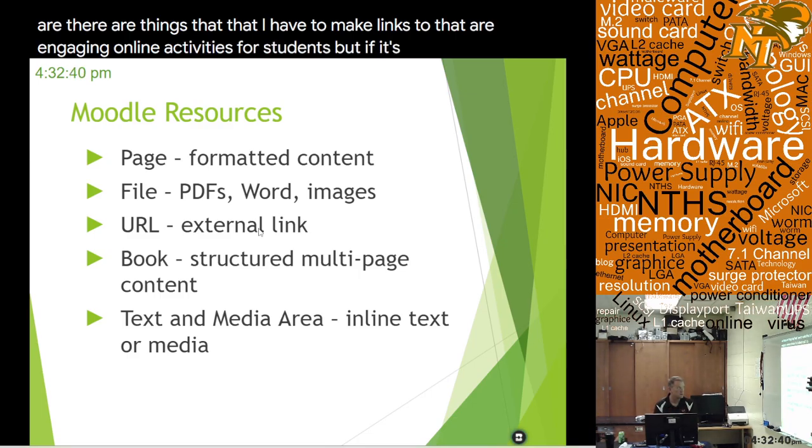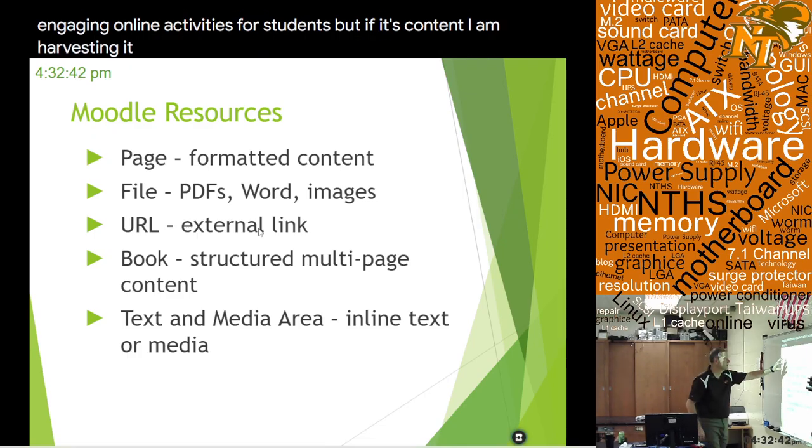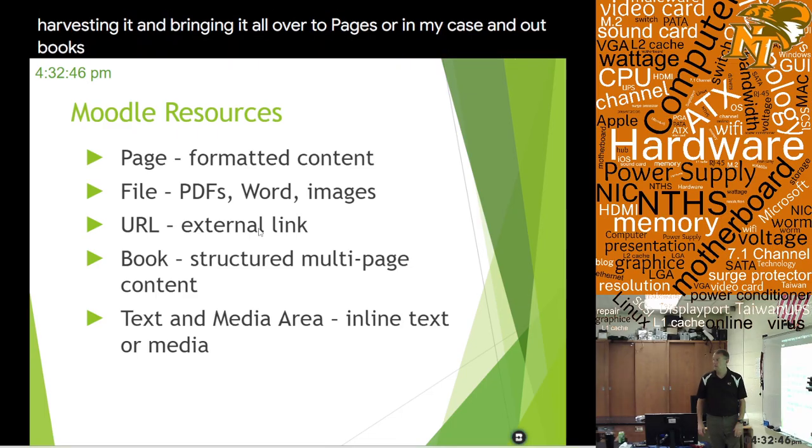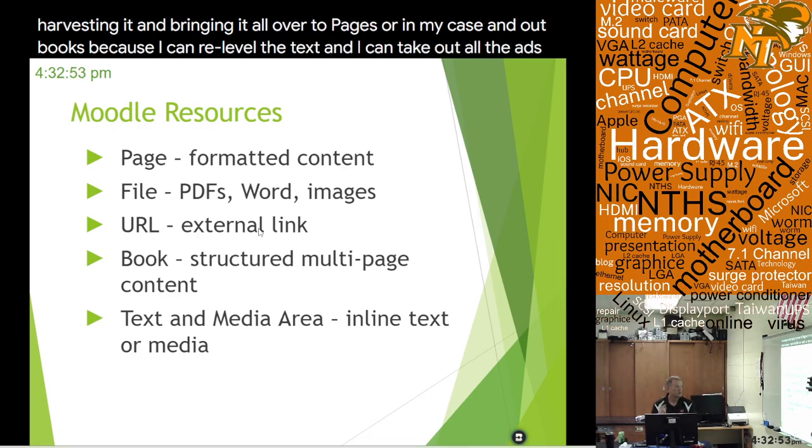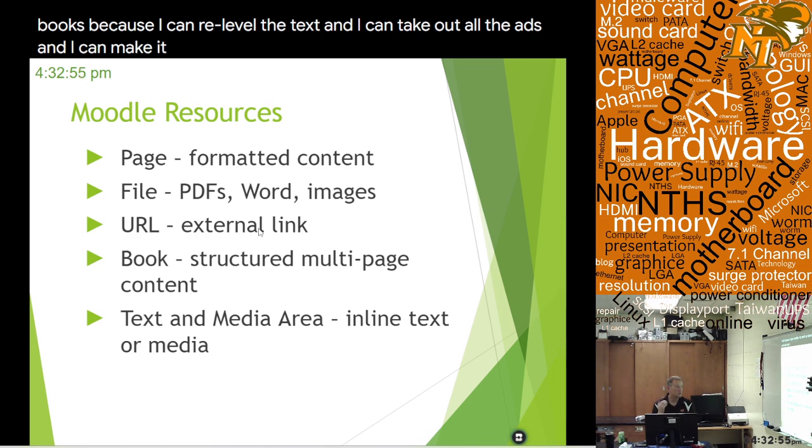But if it's content, I am harvesting it and bringing it all over to Pages, or in my case, now books, because I can re-level the text and I can take out all the ads and I can make it completely screen readable. So you just cut and paste it over. I cut and paste it with a look sign at the bottom, content from wherever.